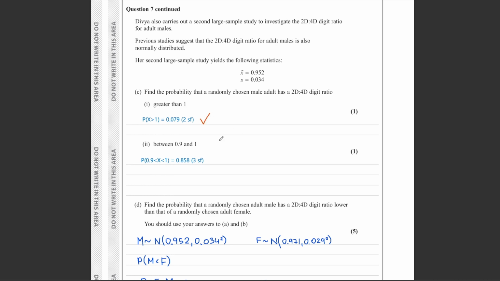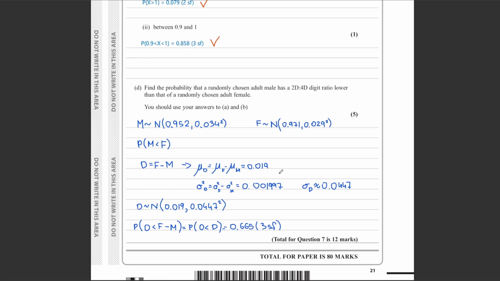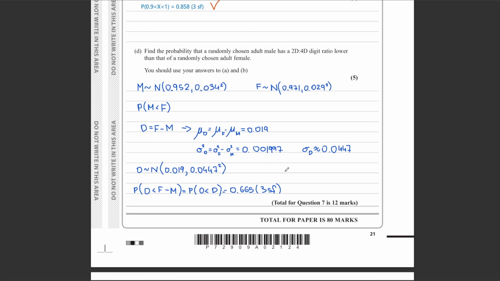In question C, for each of the probabilities. In question D, for male and female distribution. For new variable, the distribution of the new variable, and the final answer. Also for the variance.